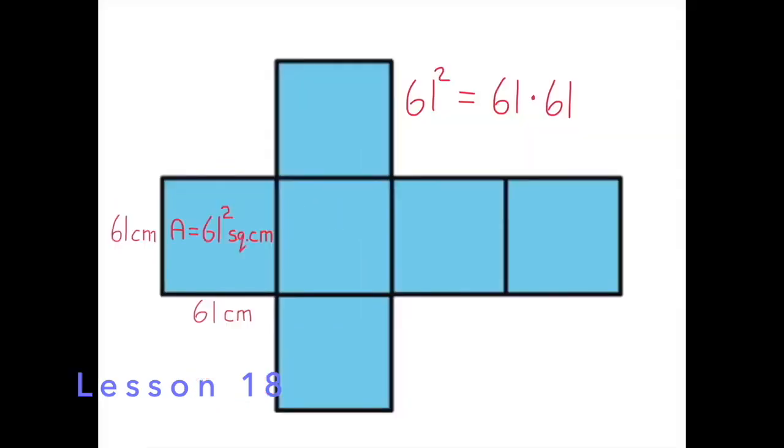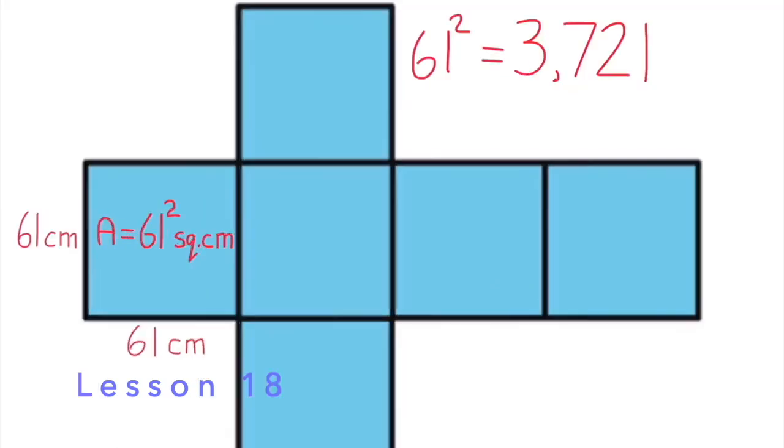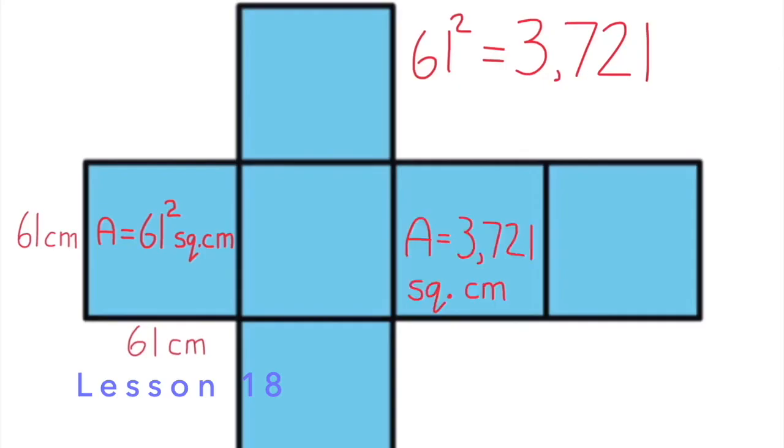Remember, 61 squared, or 61 to the second power, is the same thing as 61 times 61. And 61 times 61 is 3,721.